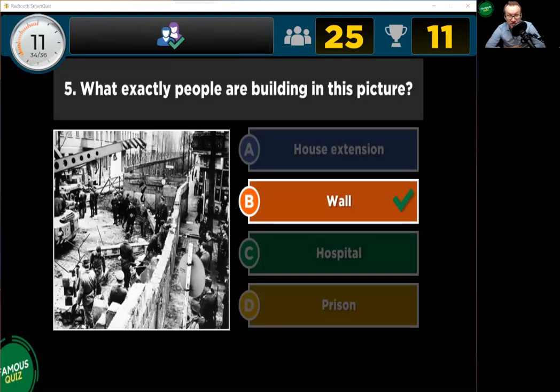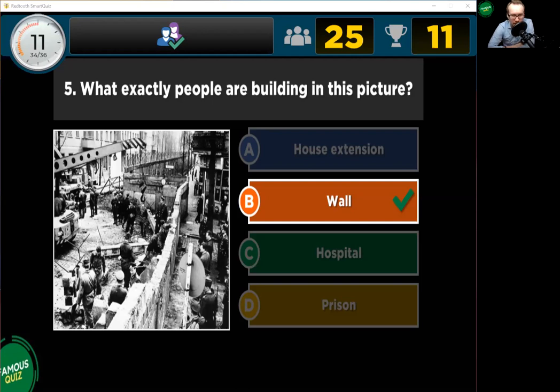So yes, this is the wall that segregated two countries roughly 60 years ago, West Germany and DDR, the other Germany. So this is the Berlin Wall. It segregated in '61.